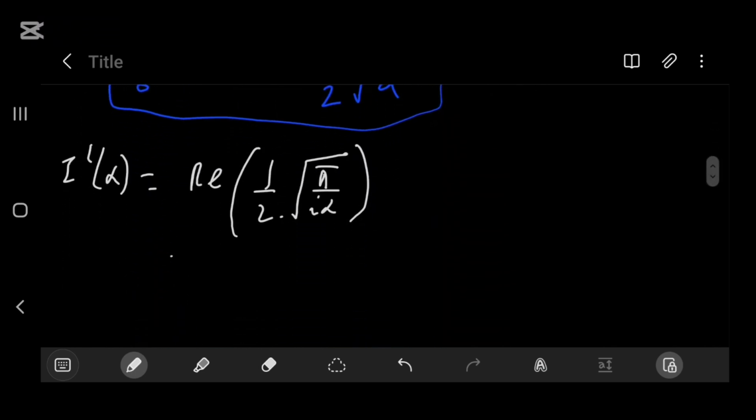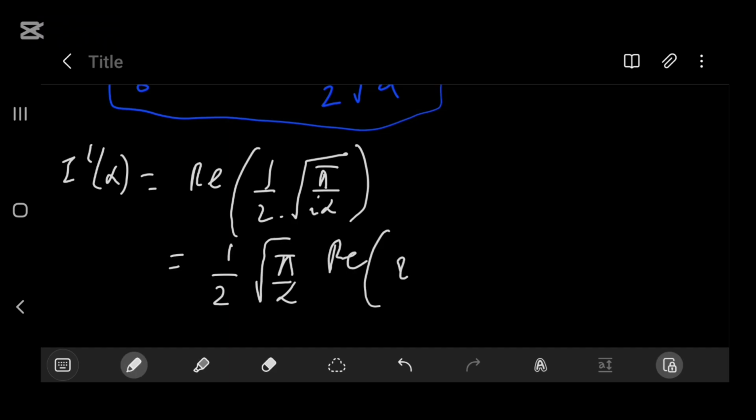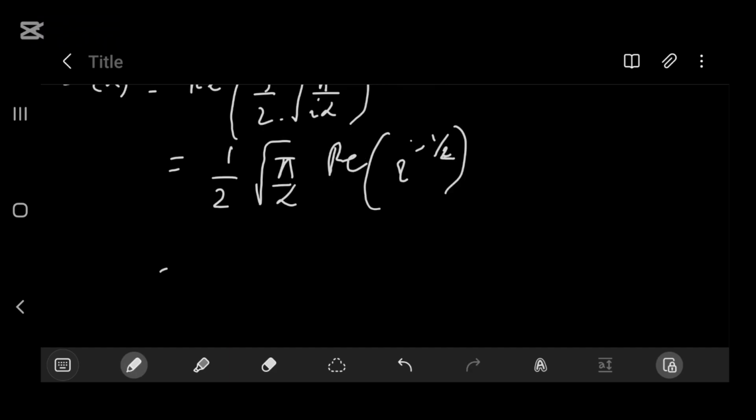So what is the real part of this complex number? We can take the half and the square root of pi over alpha outside, but inside we get the real part of i to the negative half.